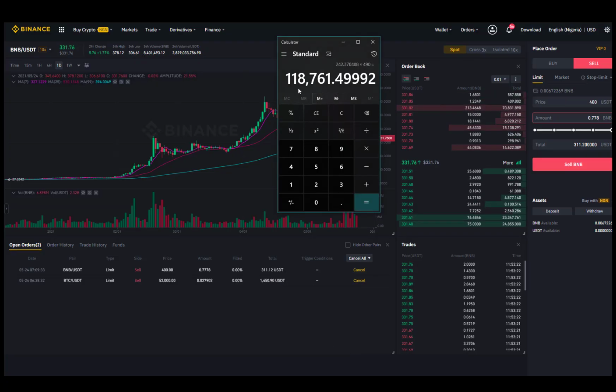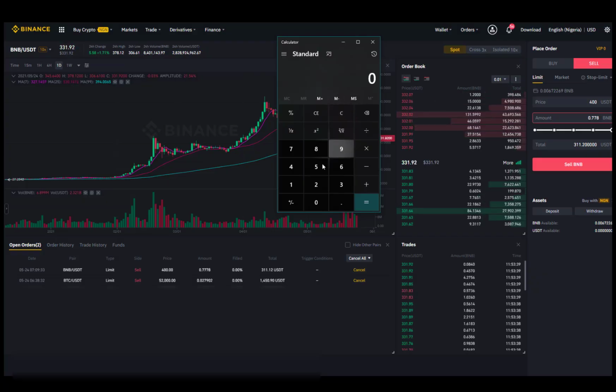This simply means I purchased BNB at 118,761 naira. However, I am going to sell it when it gets to $400. Meaning I have $400 times 0.778 BNB is equivalent to $311.12.